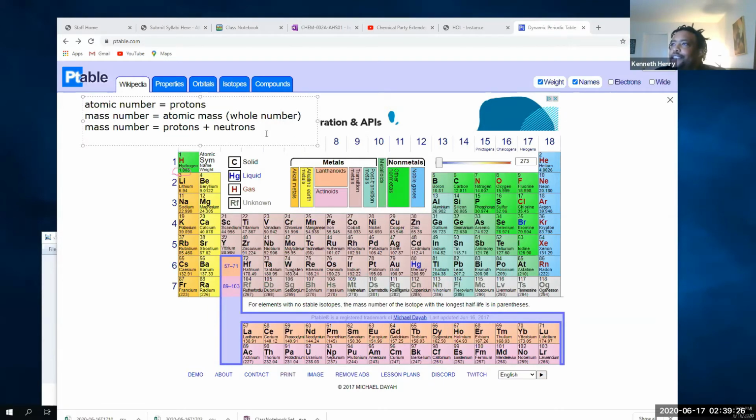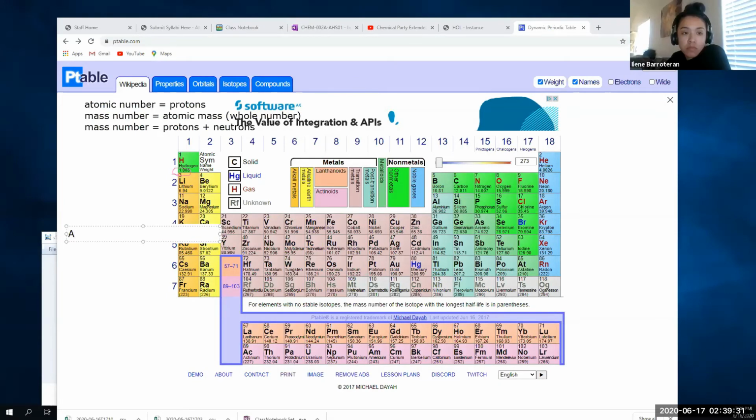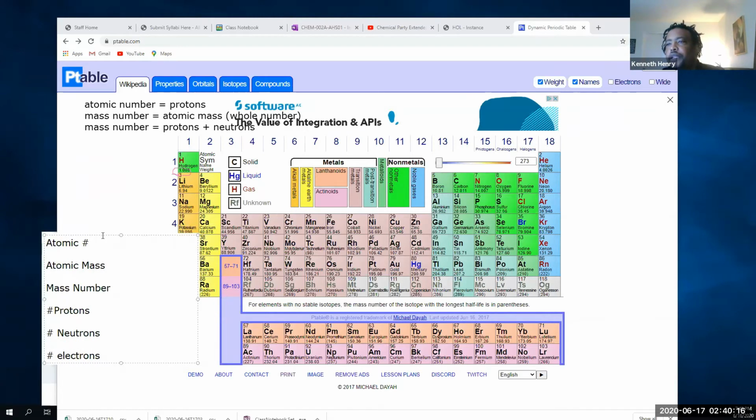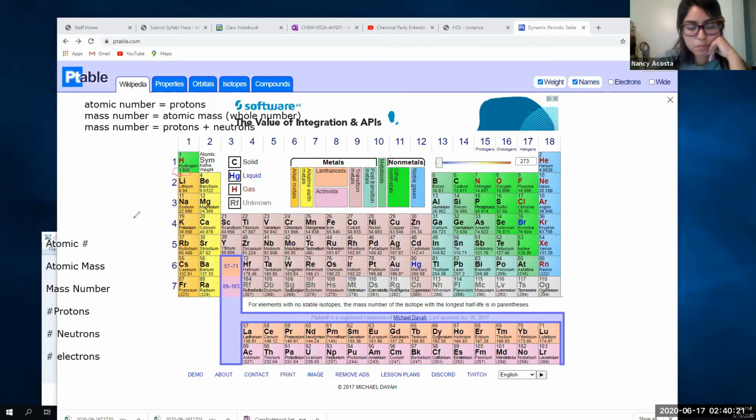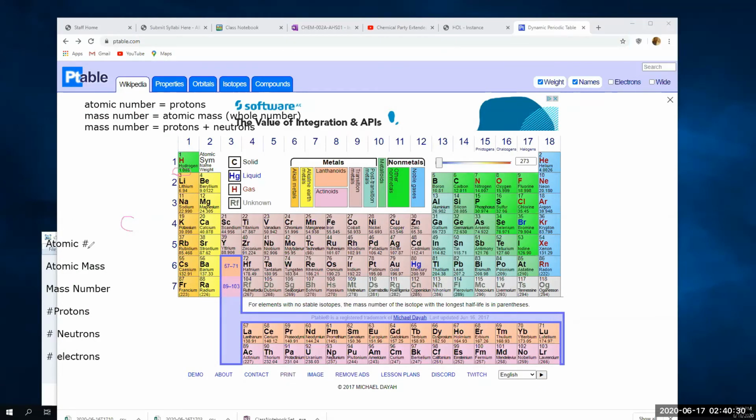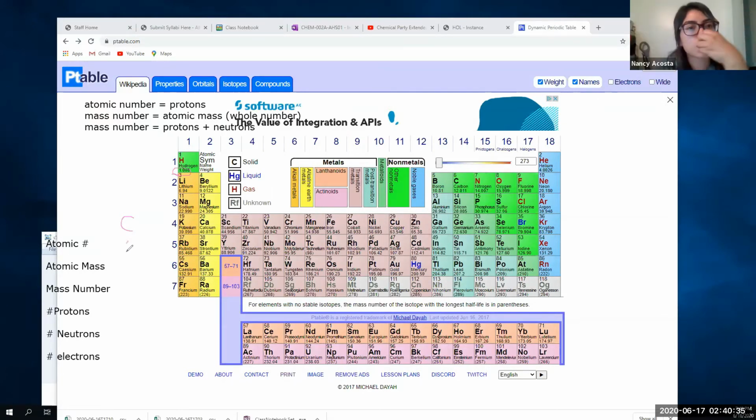So let's go like this. We're going to start with carbon. The symbol for carbon is C. Our atomic number for carbon is 6. Our mass number for carbon is 12.